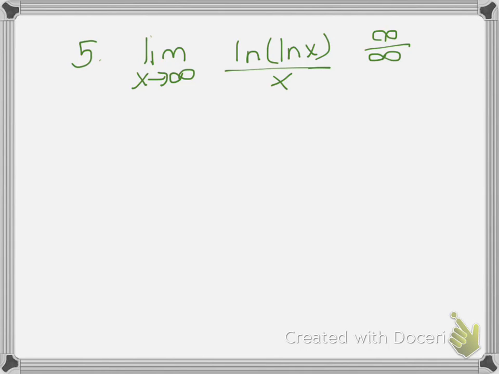The derivative of natural log of something is 1 over the something times the derivative of the something. And then over 1. Plug in infinity. So we've got 1 over infinity, times 0, which is 0.